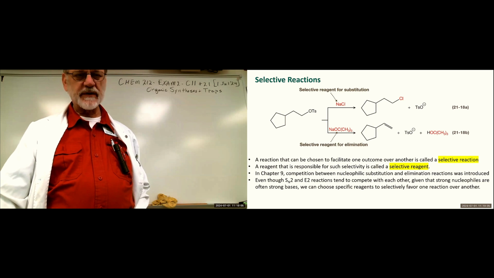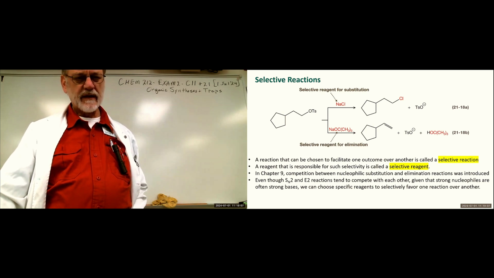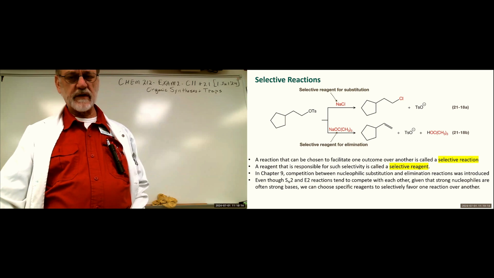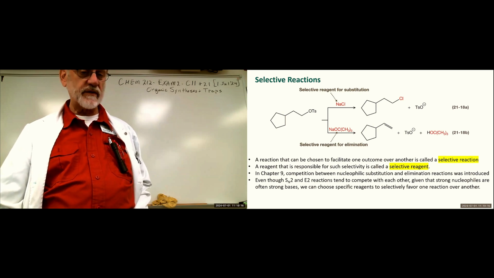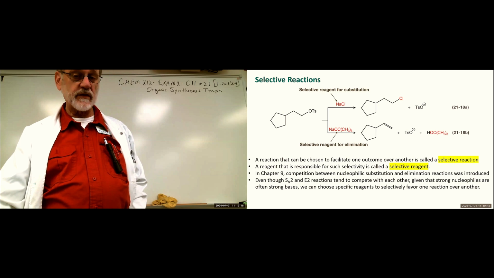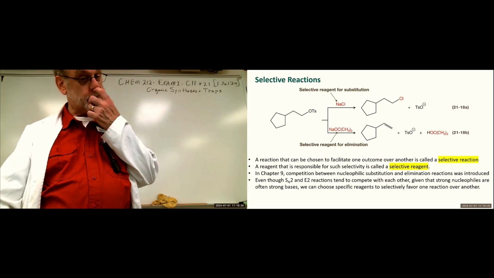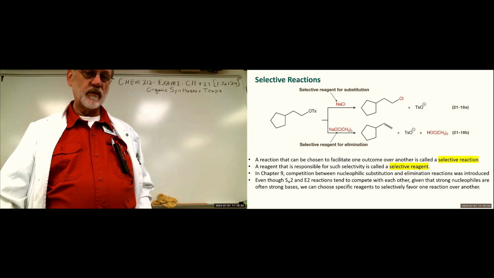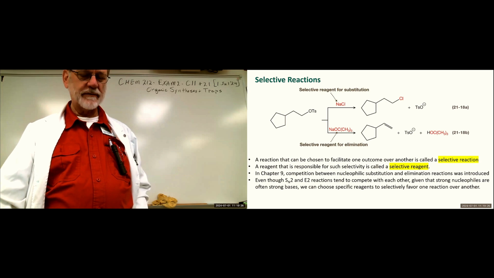We introduced this competition in chapter 9. Even though SN2 and E2 tend to compete with each other, given that strong nucleophiles are often strong bases, we can choose specific reagents to selectively favor one over the other. So if we want an elimination reaction, we'll choose the tertiary butoxide.